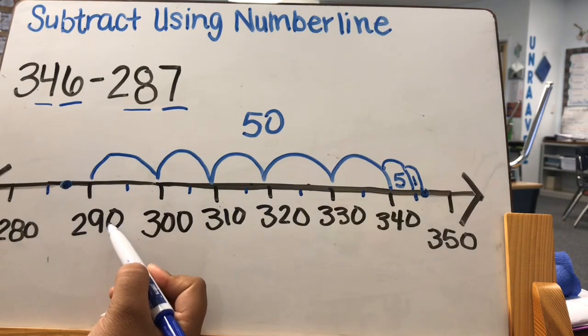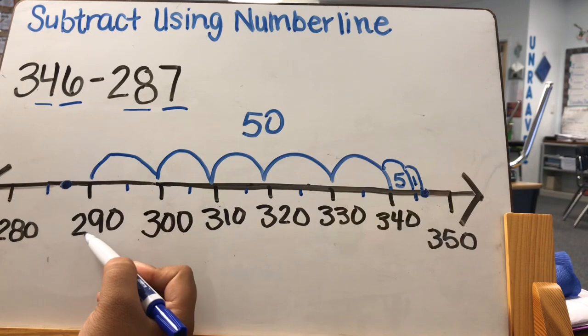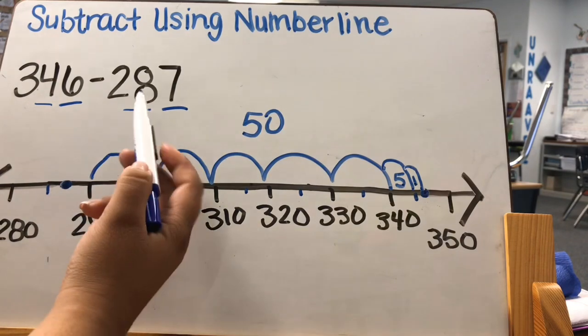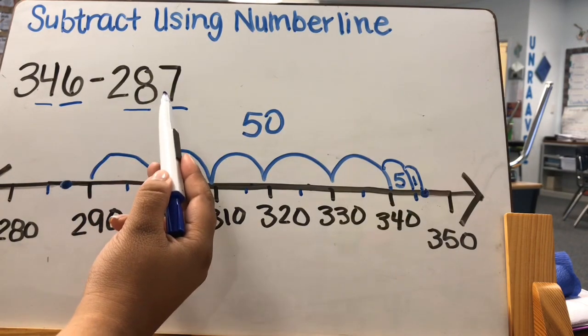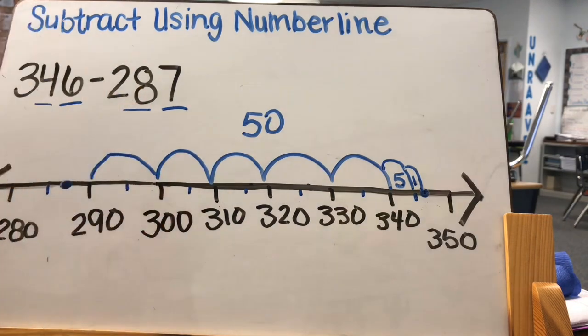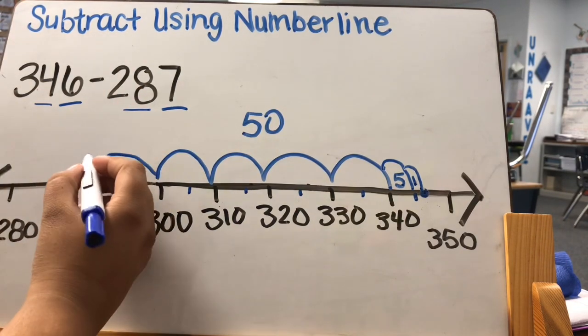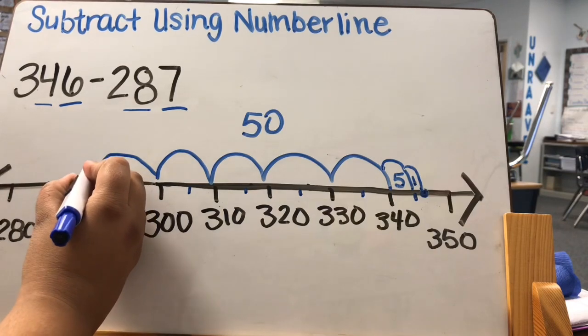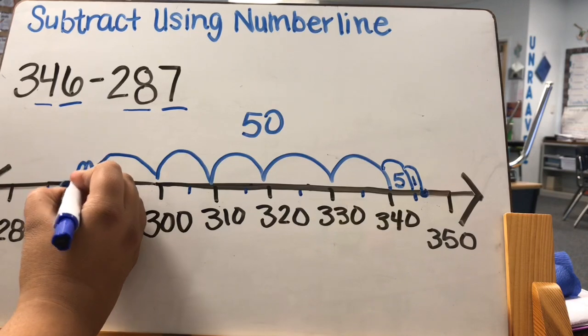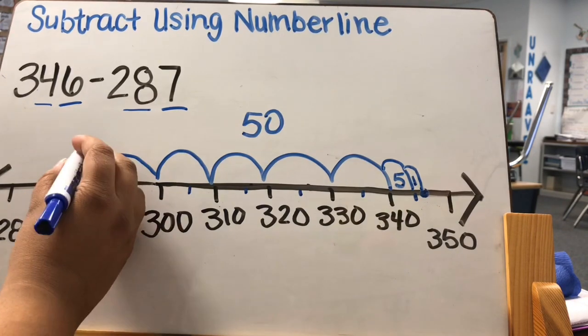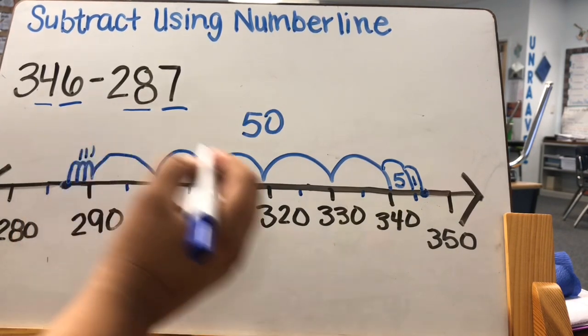What is the difference from 290 to 287? It is 3 with a value of 1. So I'm going to do 3 hills with each the value of 1.